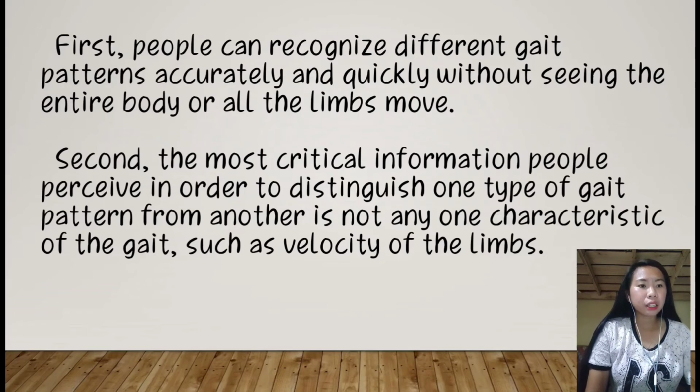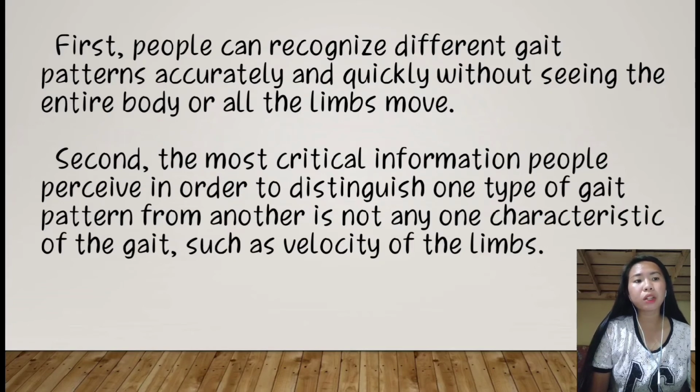And second is the most critical information people perceive in order to distinguish one type of gait pattern from another is not only one characteristic of a gait, such as velocity of the human limbs.